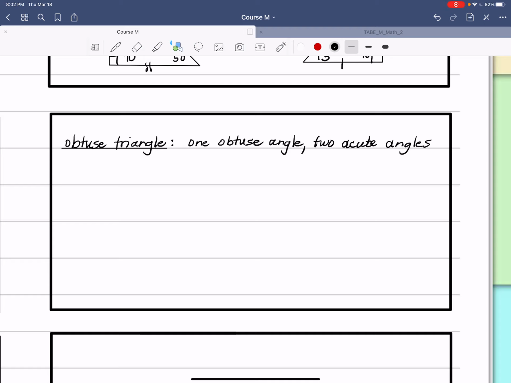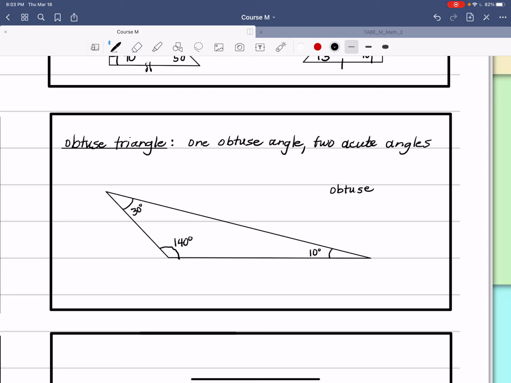For example, this is one of those that looks like it's leaning back in a recliner or in a lawn chair. Maybe this one is 140. This is 20. Actually, no, let's make this one 10. Sorry, I'm not to scale here. And then this one would be 30. So you have that one obtuse angle. So it is obtuse. Nothing matches, so it is also scalene.